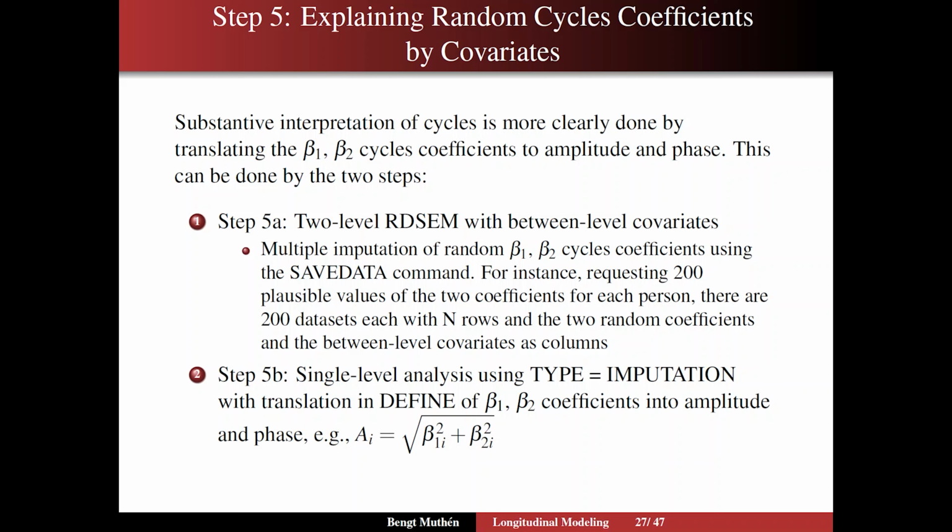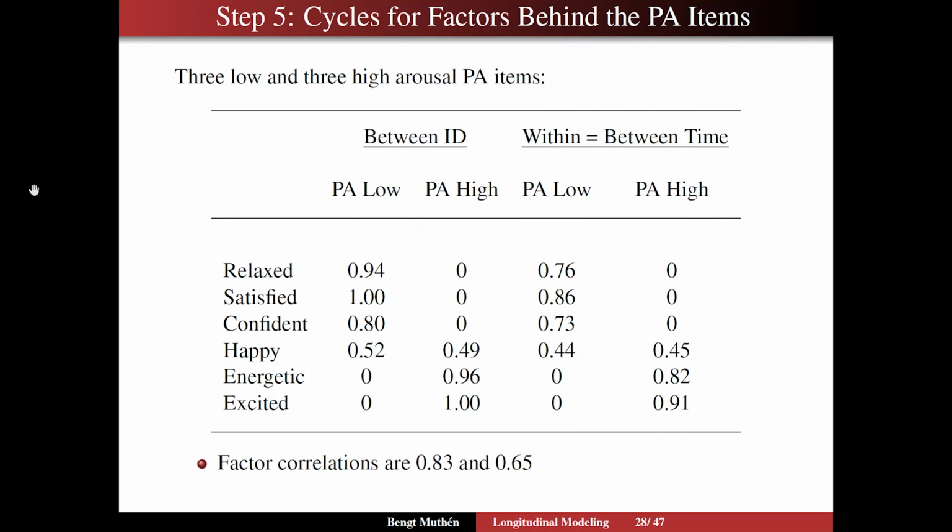And once we've translated them in define, we can then regress the amplitude and the phase on the covariates, the between level covariates, in a single level analysis. Doesn't even need Bayes.